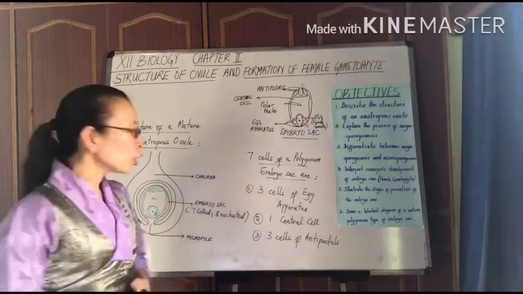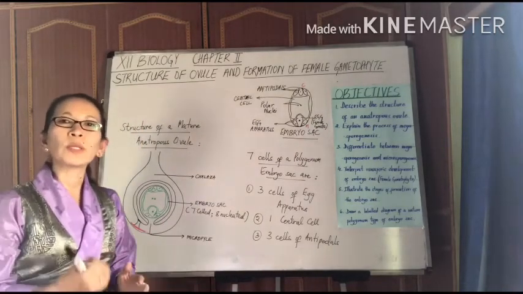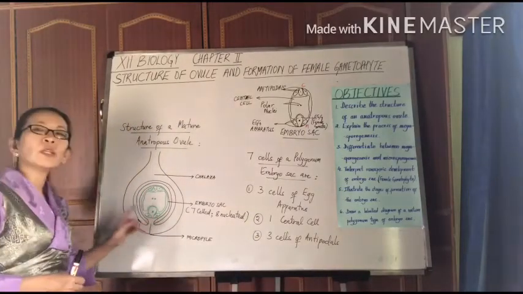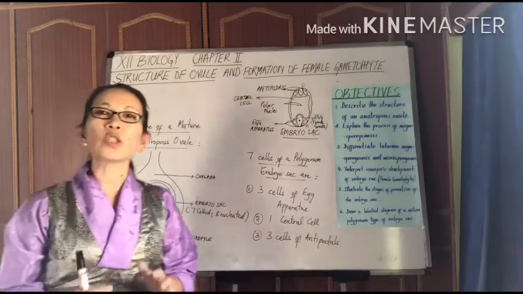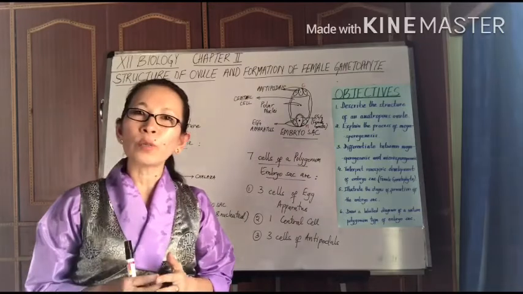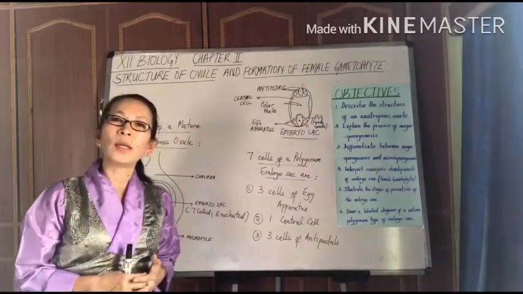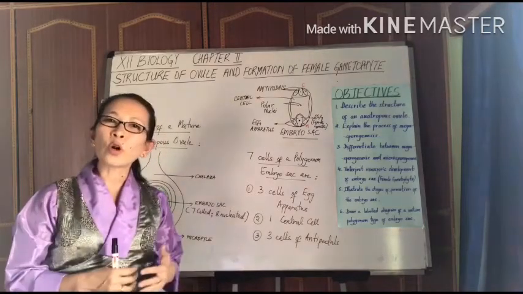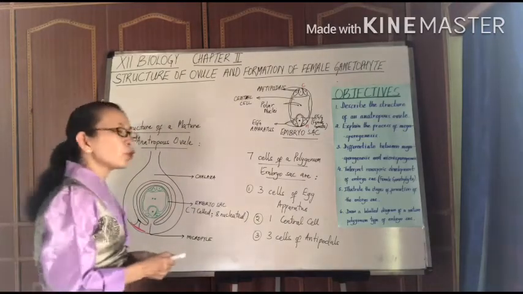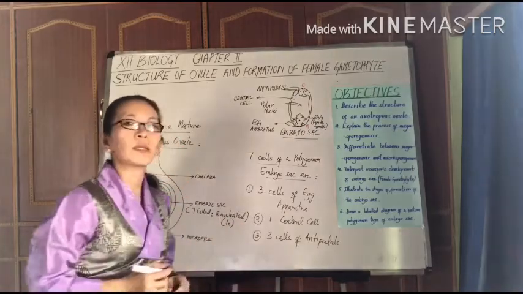Now the question is, what about the ploidy of these nuclei, or the ploidy of the cells? If we consider the ploidy of each of the 8 nuclei, since they are formed from a haploid functional megaspore that underwent mitotic divisions, each of these nuclei is going to have the same haploid condition.